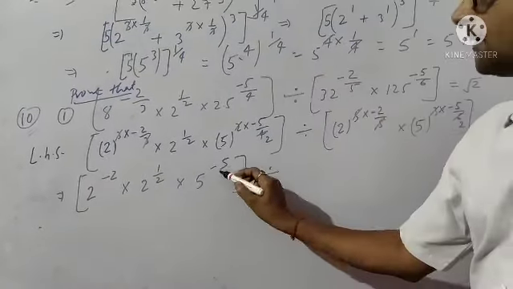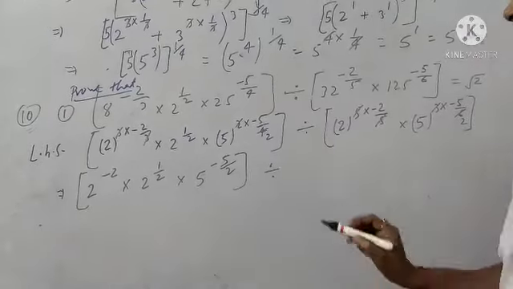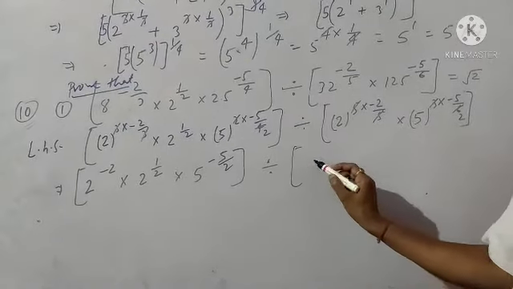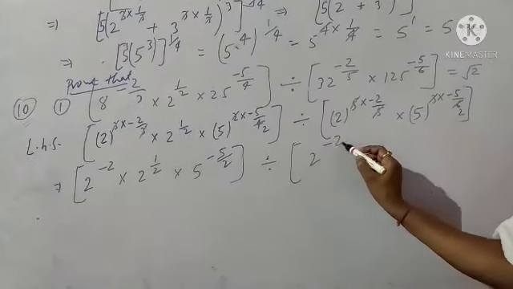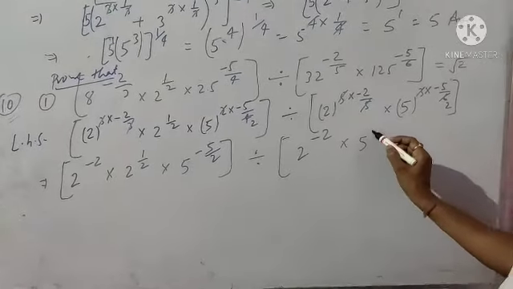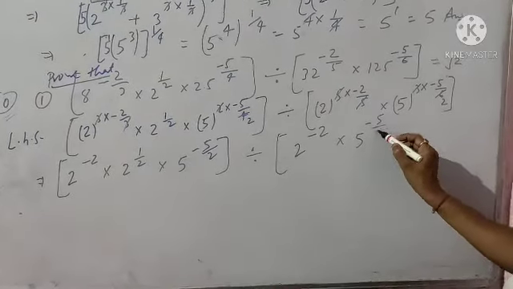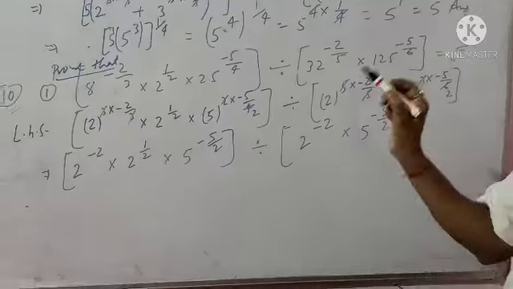Here is the division. Here is the minus 5 by 2 division. Again student, 2 to the power minus 2 into 5 to the power minus 5 by 2, close.